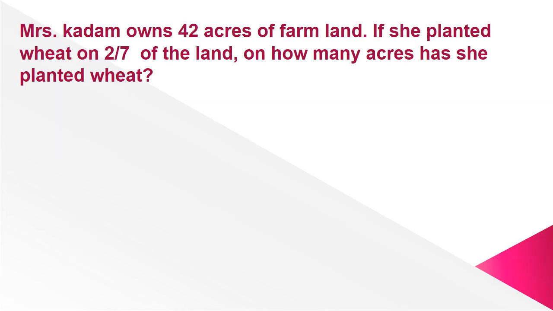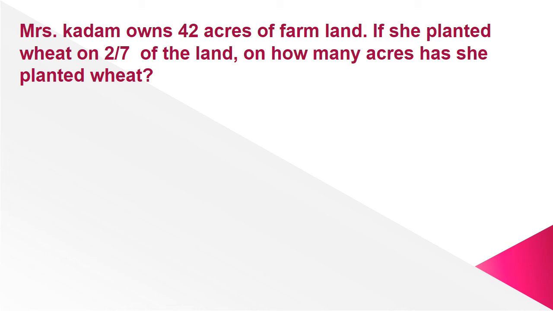Now let's solve the sums based on verbal information. This is called a word problem. To solve this, we need to read the sum carefully. Mrs. Kadam owns 42 acres of farmland. If she planted wheat on 2/7 of the land, on how many acres has she planted wheat?